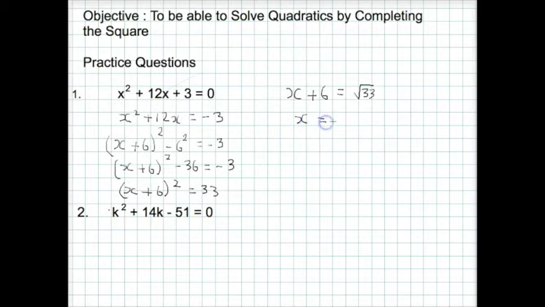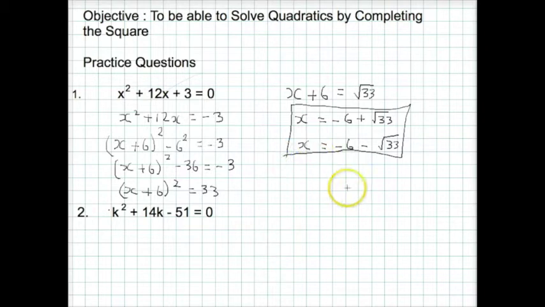So x is going to equal negative 6 plus root 33. But of course, a root always has a positive and a negative answer. So our other answer is going to be x equals negative 6 take away root 33, because it will also be negative. So we have these two answers here for our first question.